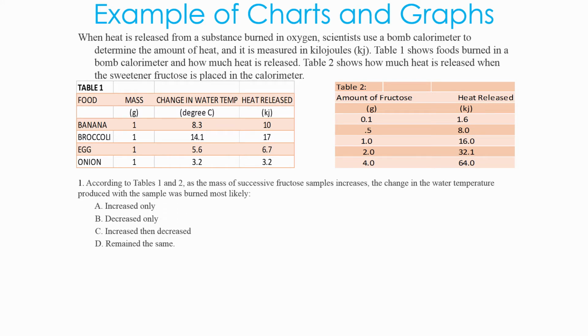According to Tables 1 and 2, as the mass of successive fructose samples increases, the change in the water temperature produced when the sample was burned most likely: A, increased only; B, decreased only; C, increased then decreased; D, remained the same. Okay, you need both of these tables to figure this out. The first table shows you that the water temperature goes up as the heat released goes up.